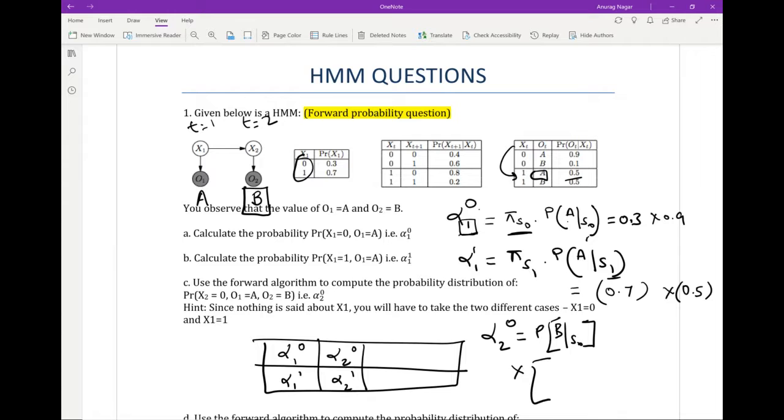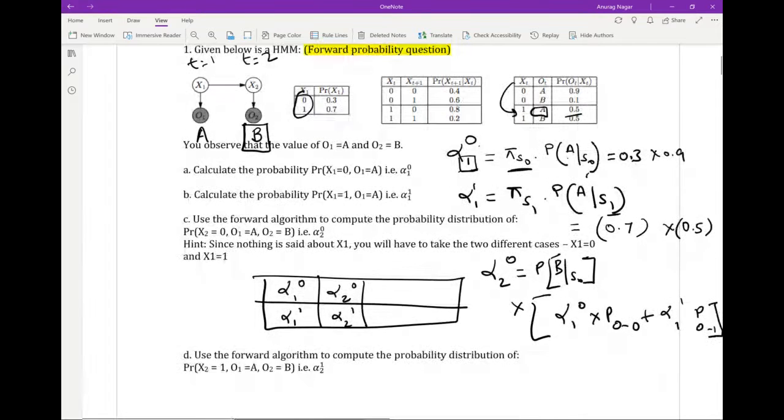It could be either a jump from alpha 1 0 multiplied by probability of 0 to 0 jump, plus the second one, alpha 1 1 times probability of jump from 1 to 0, and this would be the answer for alpha 2 0. Similarly, you could output alpha 2 1, time 2 state 1.